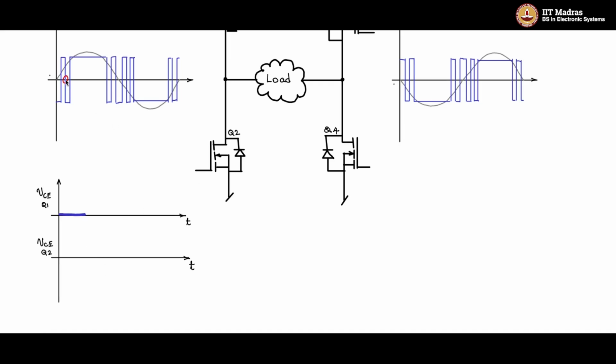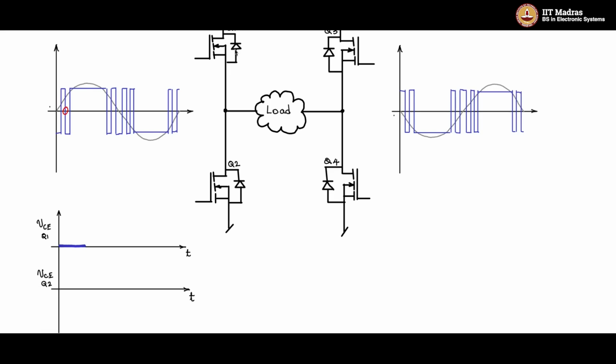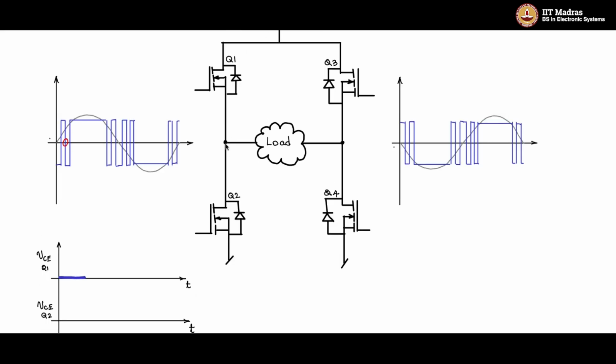Just before this moment, Q1 was on, because this is high, Q1 must have been on, so that VCC is passed on to this point, and Q2 must have been off. So Q1 is on means that the voltage across that will be low or zero. That's what I have drawn here.